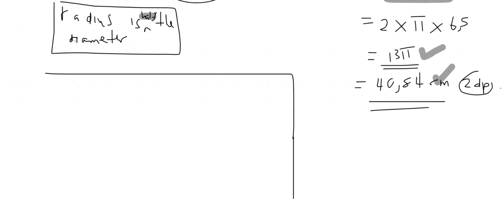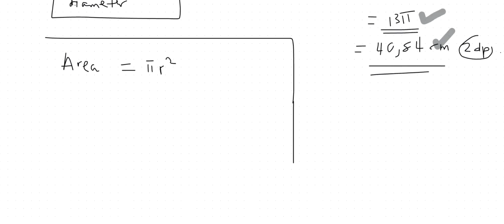The area formula is what you just need to know. The area of a circle is equal to pi r squared. That is the formula for area, which is equal to pi times, what was our radius?